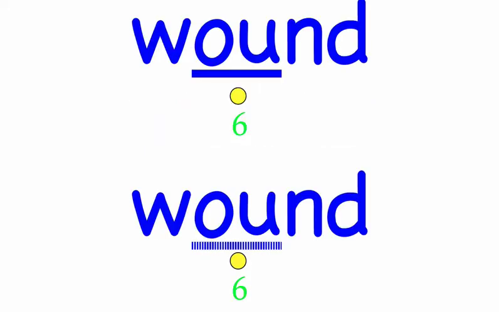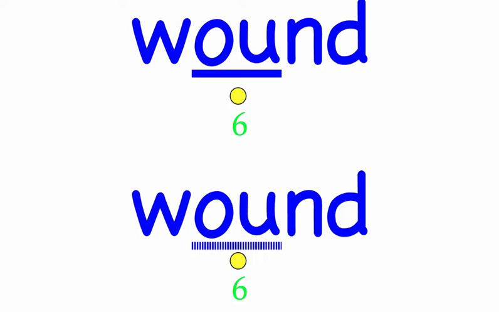The next sound is either ow or oo. Then you have n, d. Wound or wound. Let's mark the word. At the top we have wound, and under it we have wound. So at the top, the OU is representing the sound ow, and in wound it's representing the sound oo.